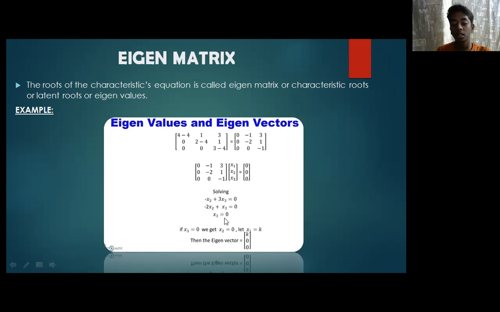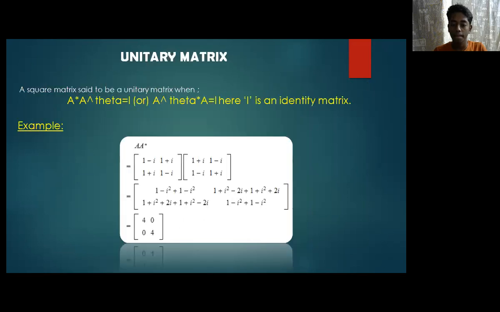If x3 is 0 and x2 is also 0, then we can consider x1 as k, so that if we consider one element as k, then we can find all other eigenvector values by substituting those values in the equations. So this is the obtained eigenvector value, which is k, 0 and 0. This is how we find eigenvalues and eigenvectors with the eigenmatrix.